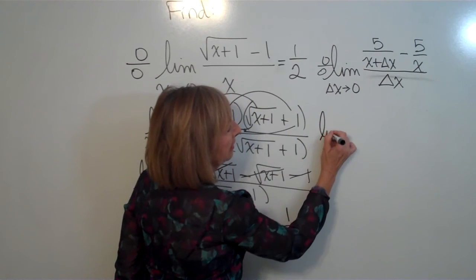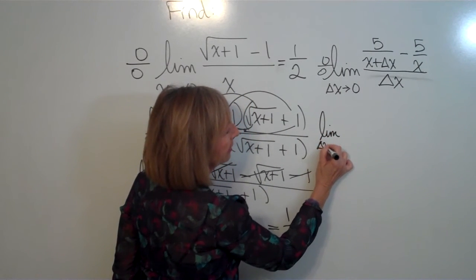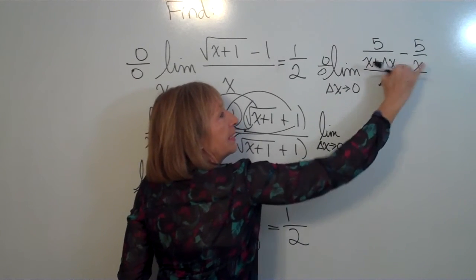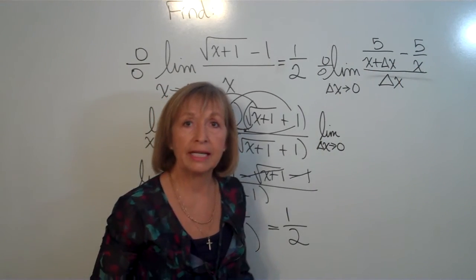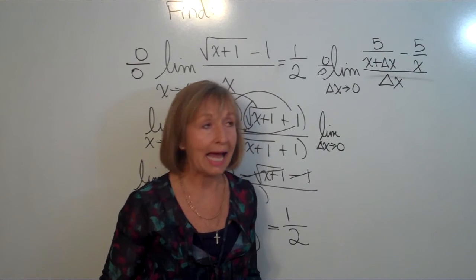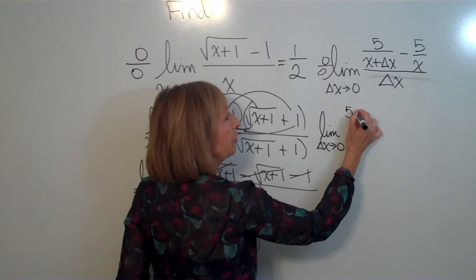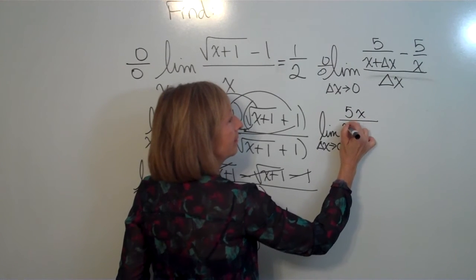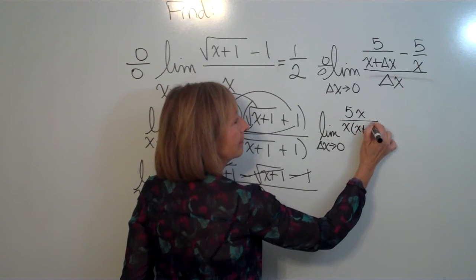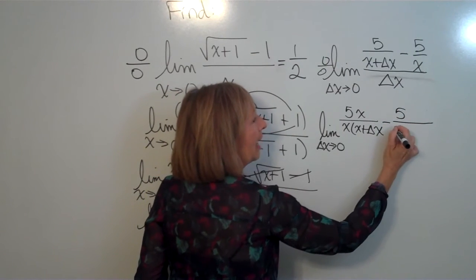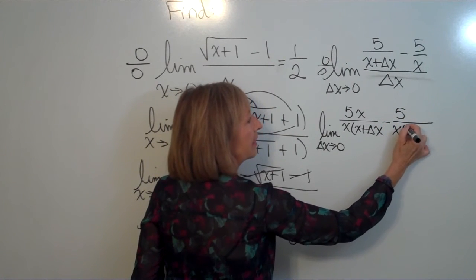So this is the limit as delta x approaches 0 of my lowest common denominator in the numerator is x plus delta x times x. So I'm going to build my first fraction by x. And the second fraction I'm building by x plus delta x.